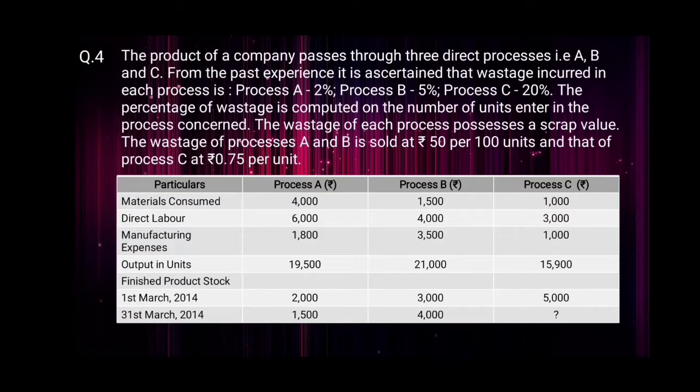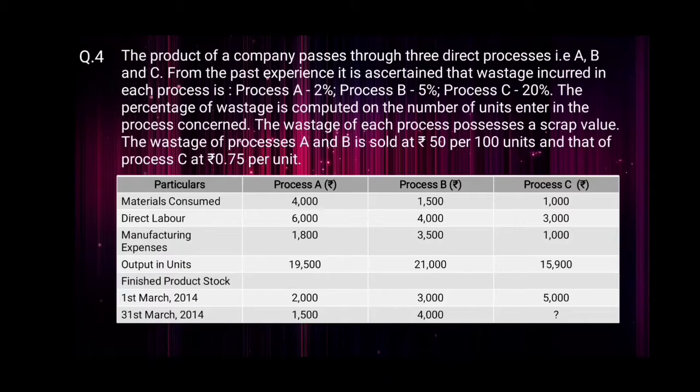The product of a company passes through 3 direct processes, that is A, B and C. From the past experience, it is ascertained that wastage incurred in each process is, for process A it is 2%, for process B it is 5% and for process C is 20%.